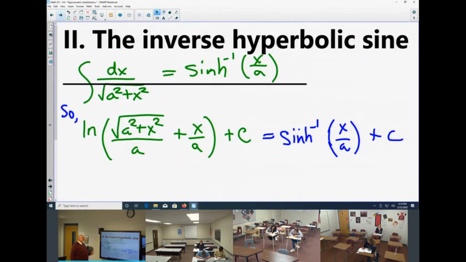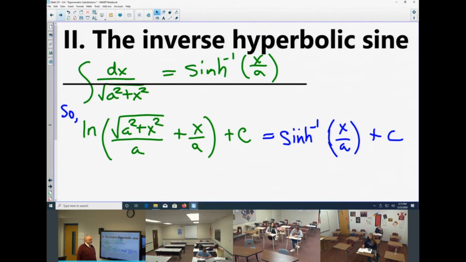So what we've just learned from what we just did with the trigonometric functions is we got the natural log of radical a squared plus x squared over a plus x over a plus c. So what this means is that the inverse sinh of x over a, you can write as a natural log. So these are equivalent because we got the same thing when we did the integrals. Okay?